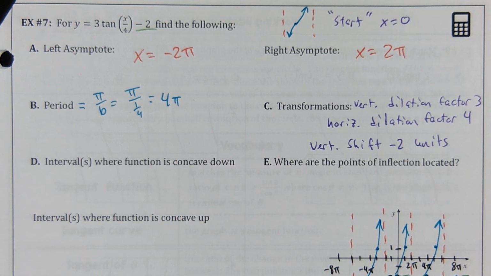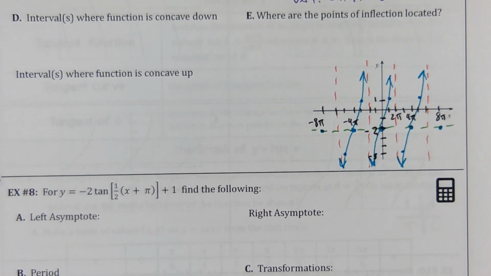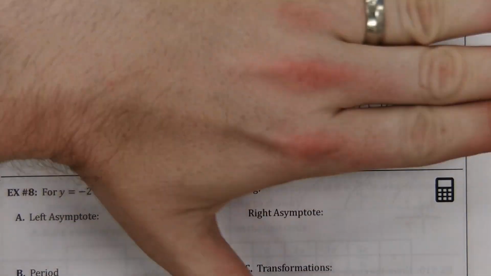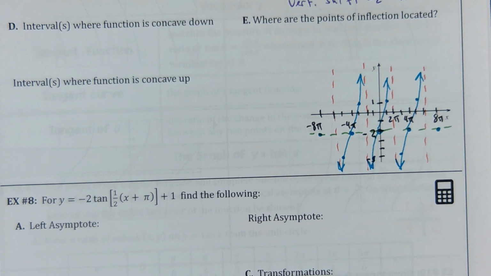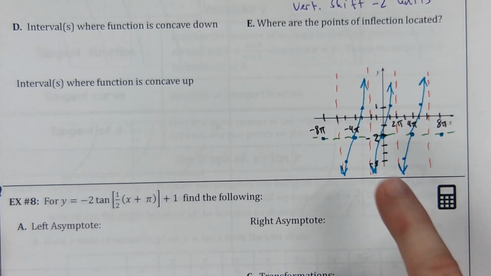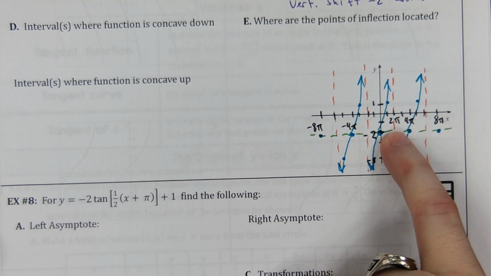Concavity. It doesn't matter that this tangent graph has been reflected. It's still concave up above that green dotted line and still concave down below that green dotted line. So how do we describe all of these concave up zones? Well, all these concave up zones go from an inflection point to the right to an asymptote.